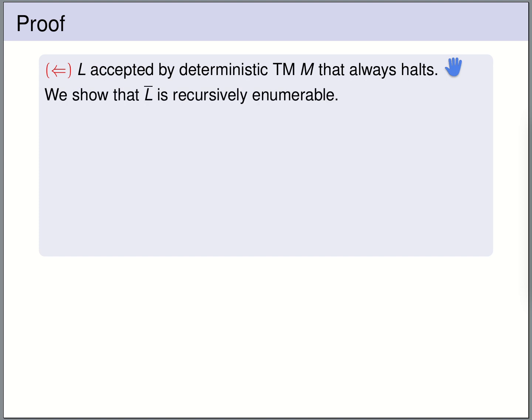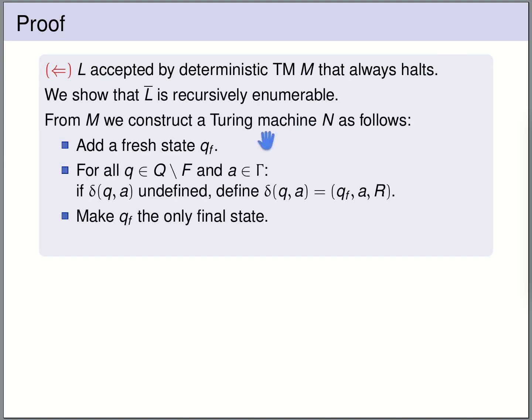Now formally, this amounts to a transformation of our Turing machine. We add a fresh state QF, and whenever we have a halting configuration for a state that is not final, so a non-accepting halting configuration, then we add a fresh transition to our fresh final state.